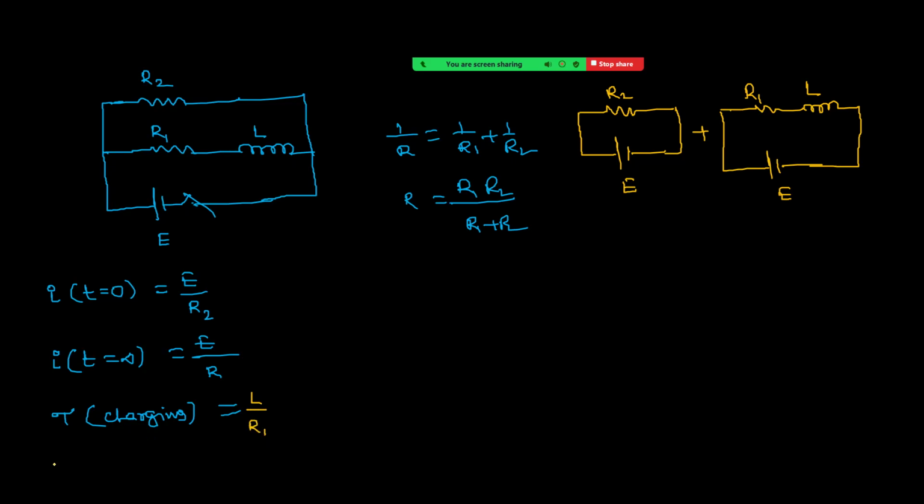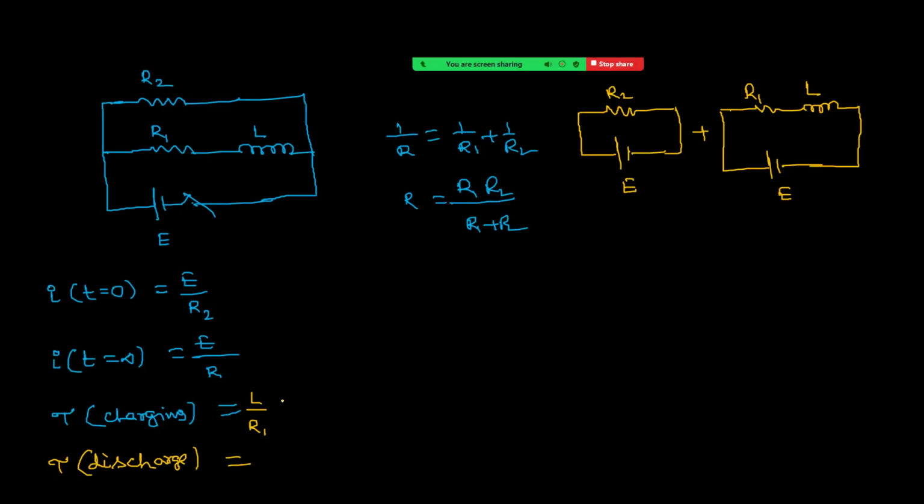But if you take discharge, see during discharge, what happens? Once the switch is open, current flows only in this part. R1 and R2 are both involved.